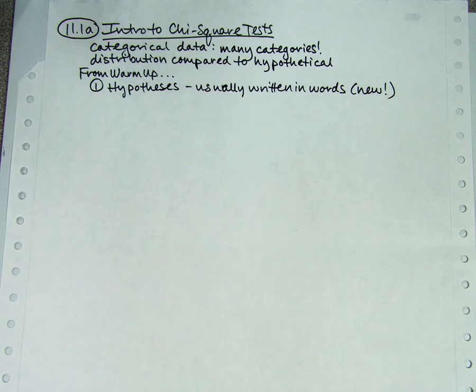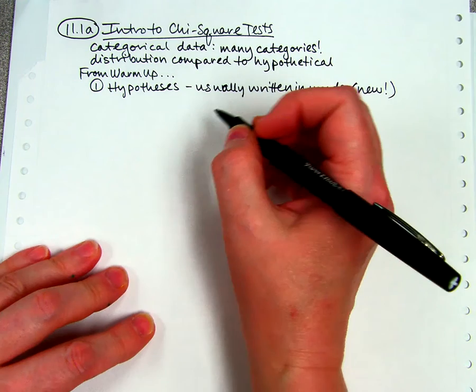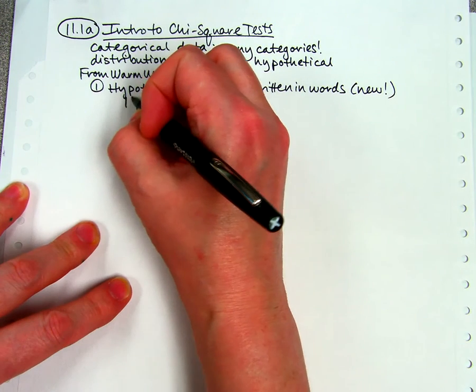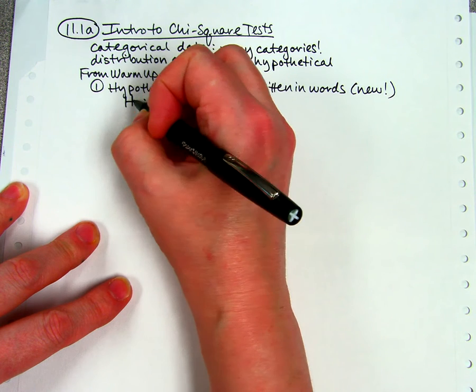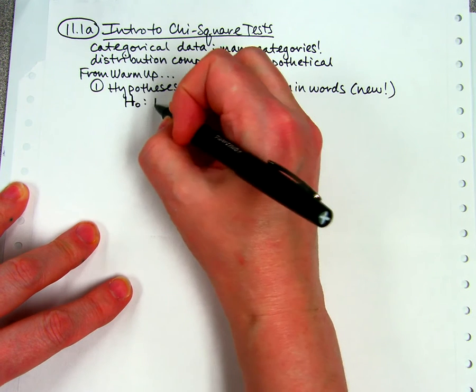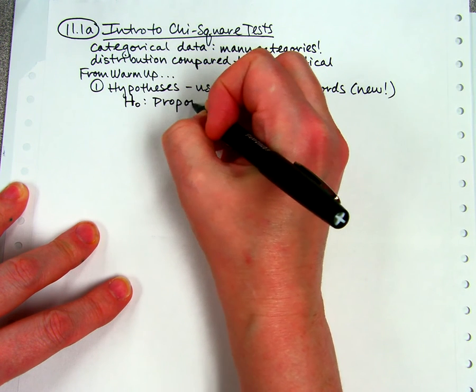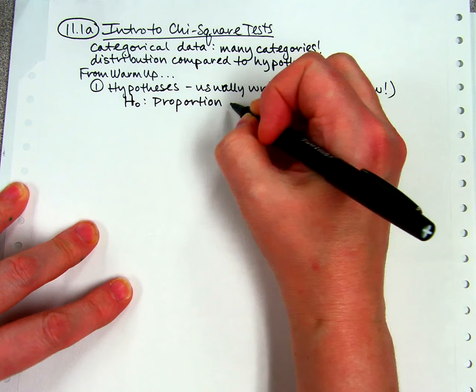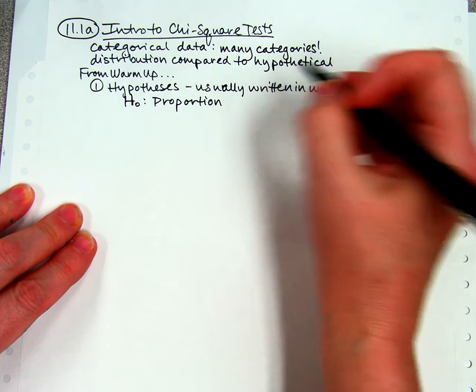So what we did in the warm-up, I'm just going to repeat a little bit of it here, but I still hope you didn't skip the warm-up, right? So our null hypothesis was that the proportions of admitted students were the same as the proportions of each race in applicants. Applicants to Harvard.